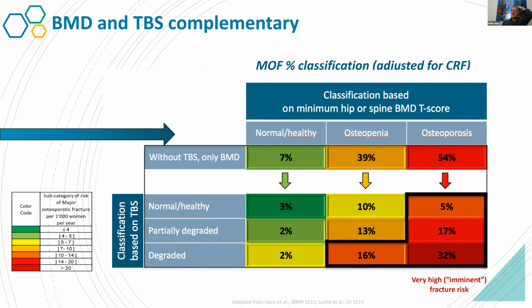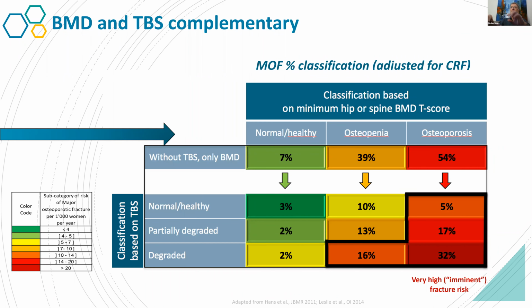And we can see here, if we just display the number of major fractures, 54% of them were within the osteoporotic category, 39% in osteopenic, and 7% in healthy. And out of the 39, 43% of them had a low TBS, which represents 16% of the total number of fractures.